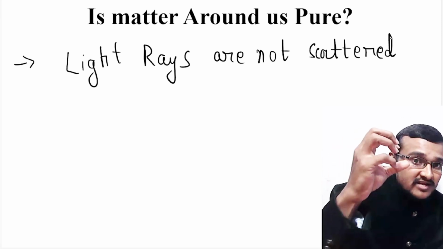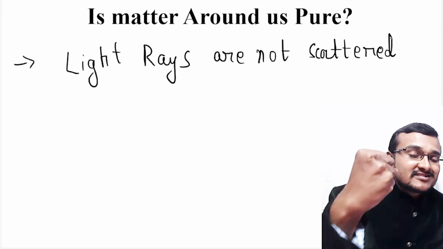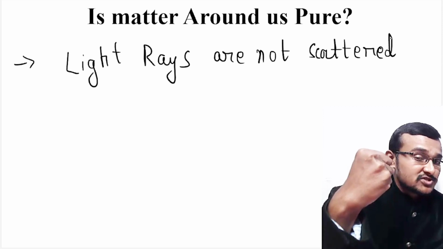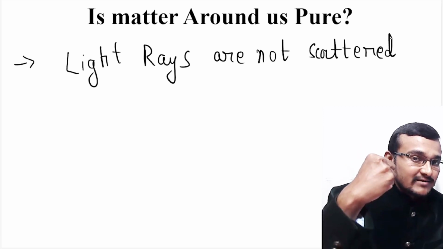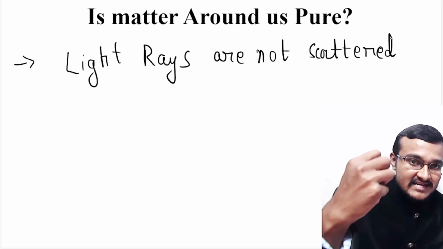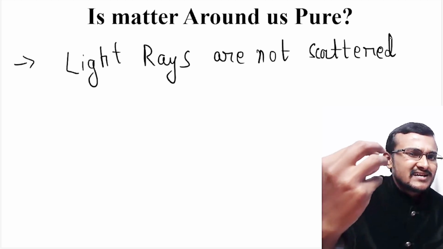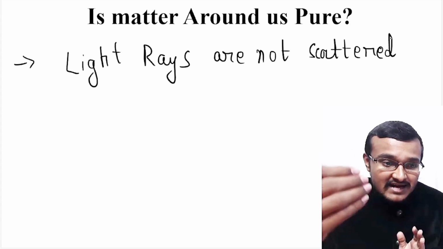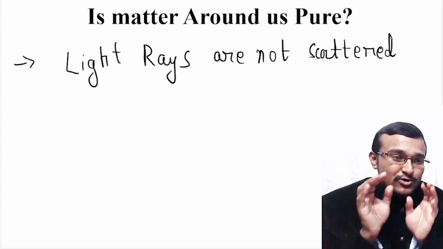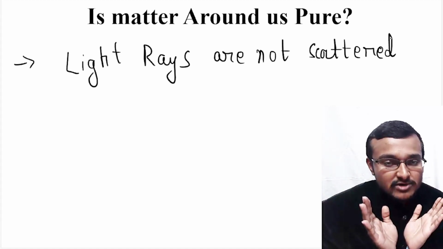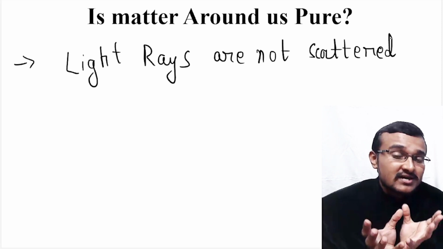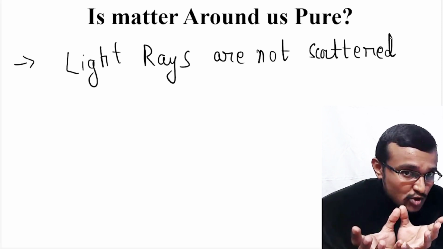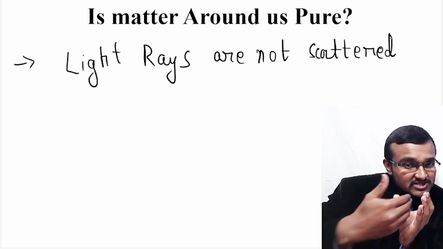That means most of the light is getting absorbed in the solution. That means these solution particles are not scattering the light properly. Hence light is getting absorbed within the solution, and only a little bit of light which has not got absorbed travels out of the solution, and only that light you are actually able to see. That shows the intensity of light has got reduced when it is passed through the solution.